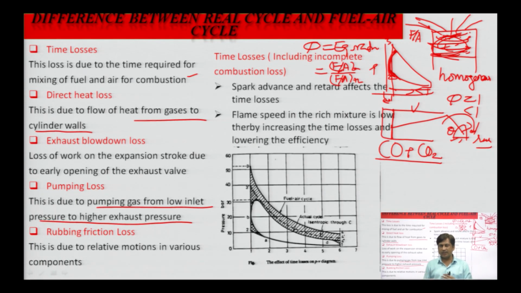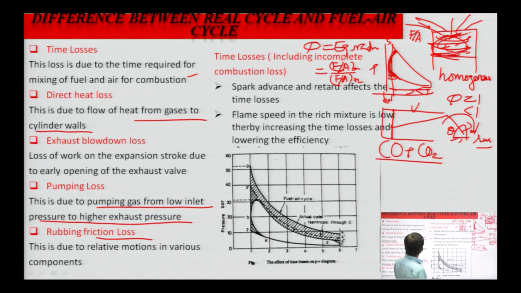I will show you this in a later slide through the diagram. Rubbing friction losses. You know that in a reciprocating engine there is relative motion between different components, the cylinder, piston, and bearings, including auxiliary bearings. Because of that, some work and energy is lost. If we consider this rubbing friction loss, we will approach the actual cycle analysis.